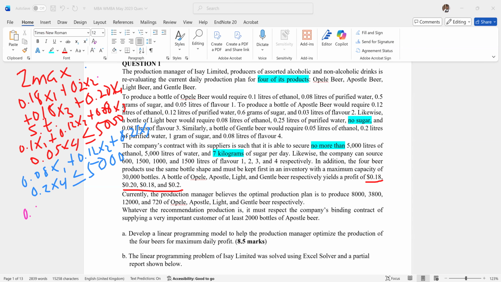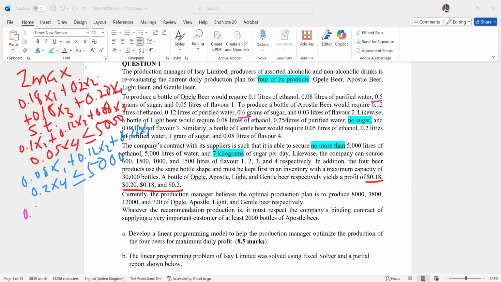So 0.5 grams of sugar. What is the next one? 0.6.